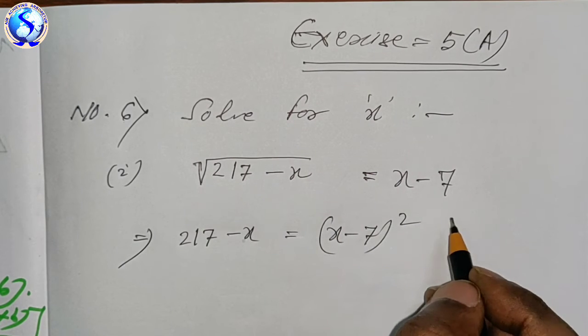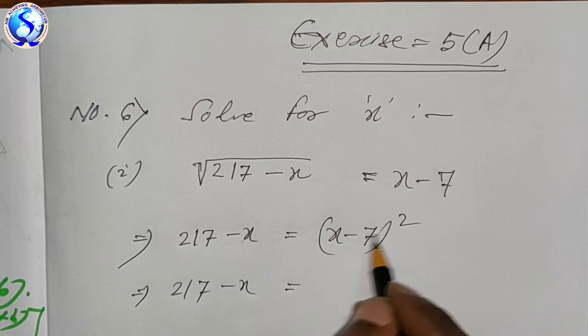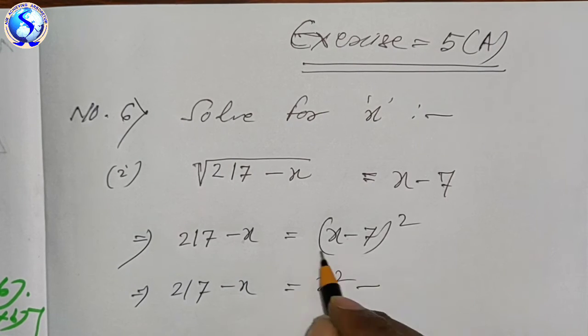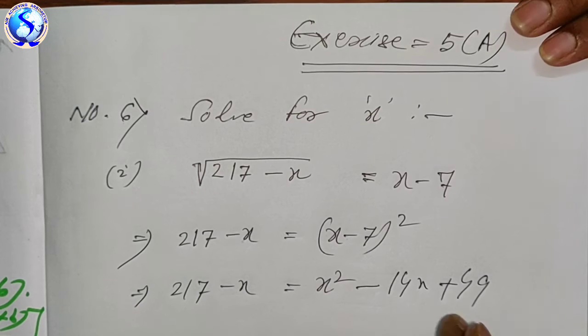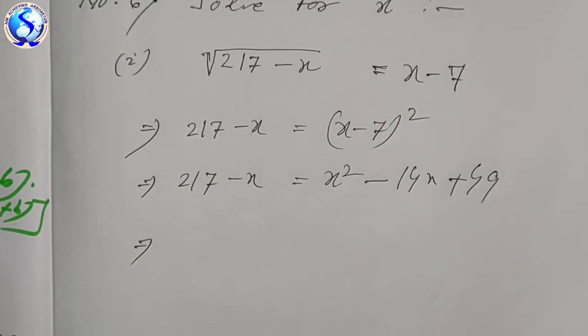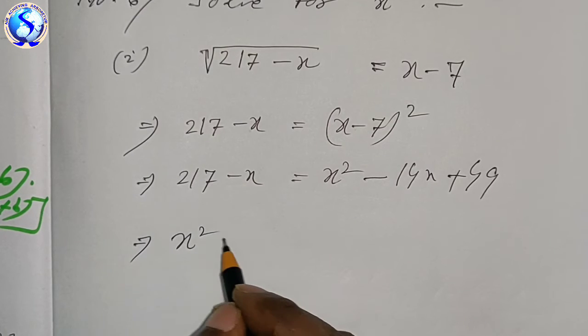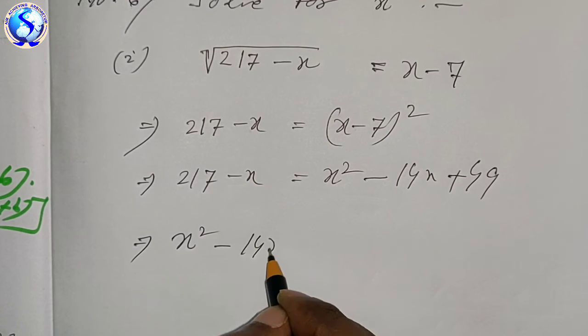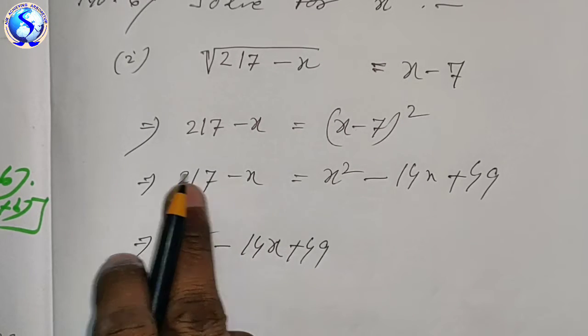Squaring both sides, this will be 217 minus x. The a minus b whole square formula is what? a square minus 2ab plus b square, that is x square minus 14x plus 49. I am writing the right hand side again: x square minus 14x plus 49, and this part I have to take to that side.